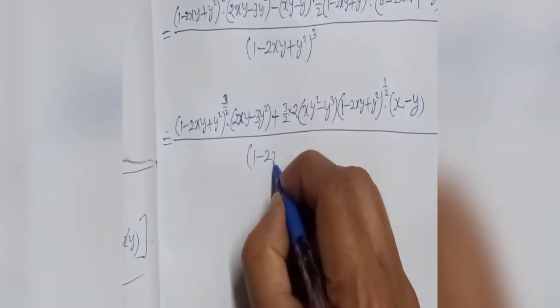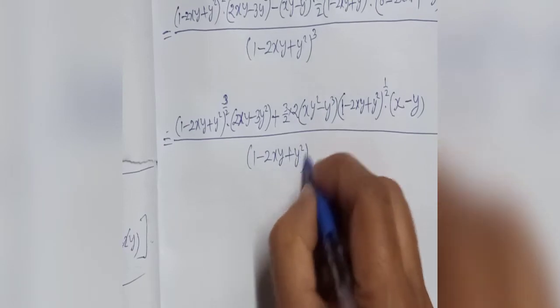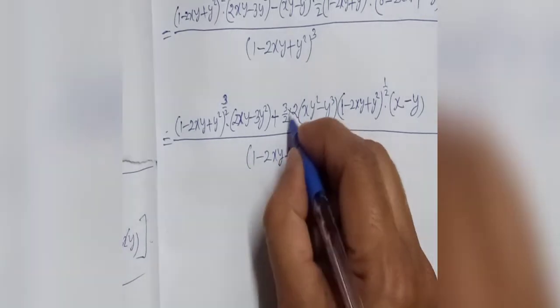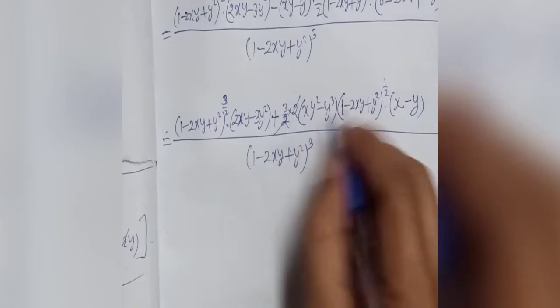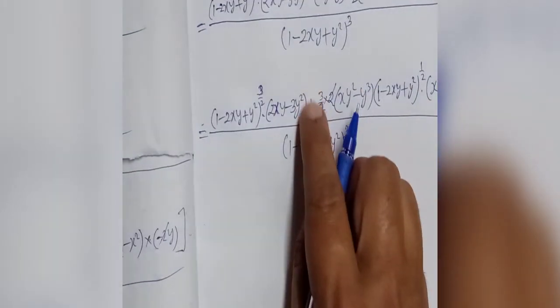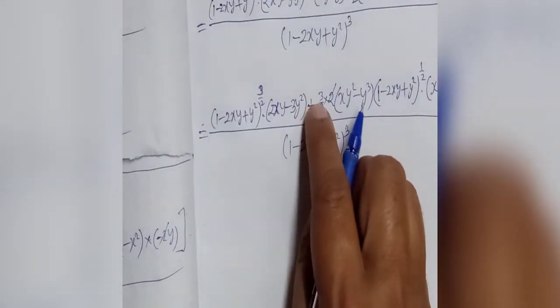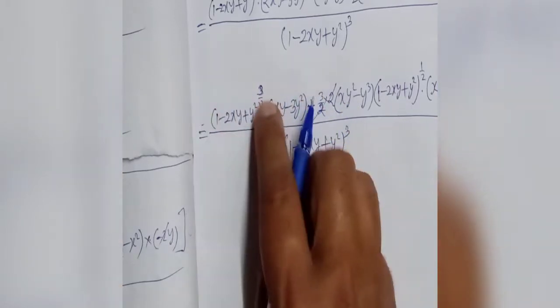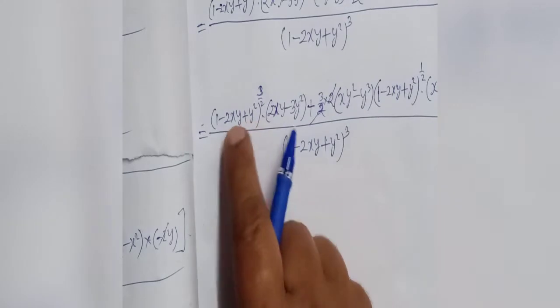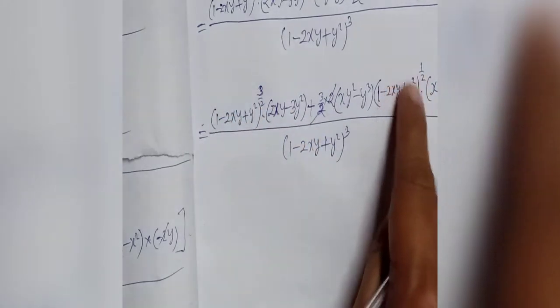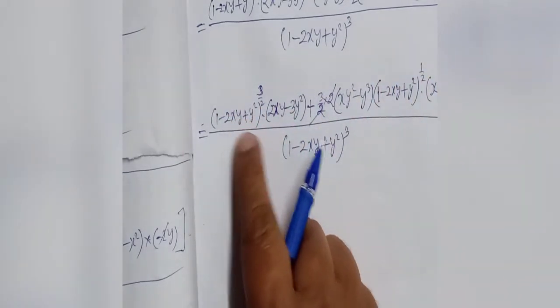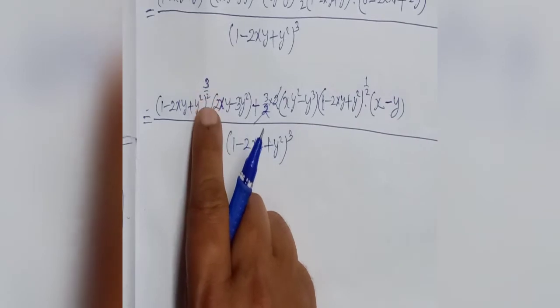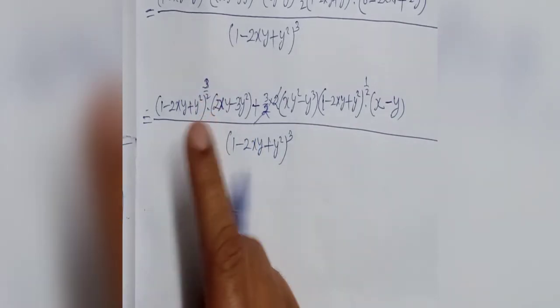(1 − 2xy + y²) whole cube in the denominator, the 2 cancels out, and here there are two terms, plus from before and plus after, and in these two terms this value is common, but the degree is different, because here is 1/2 degree and here is 3/2 degree.